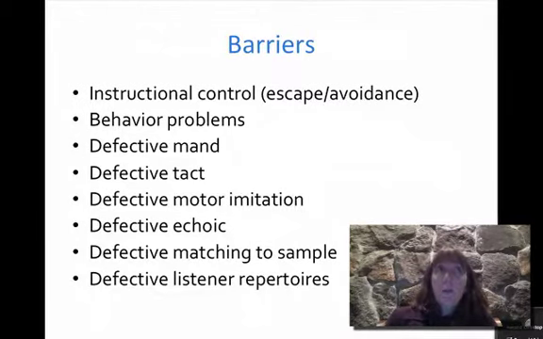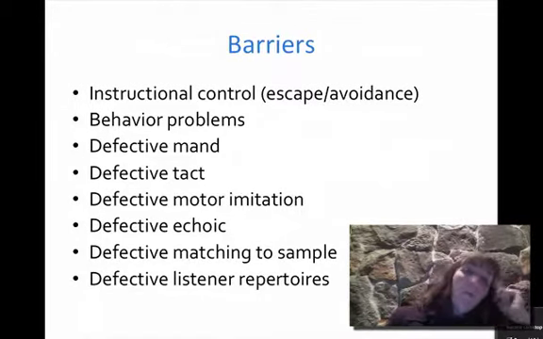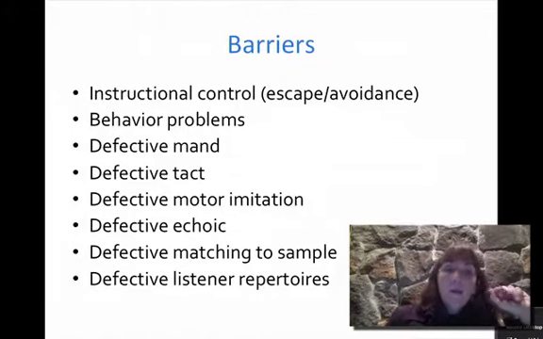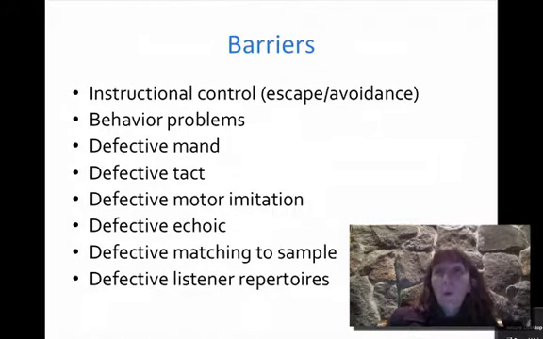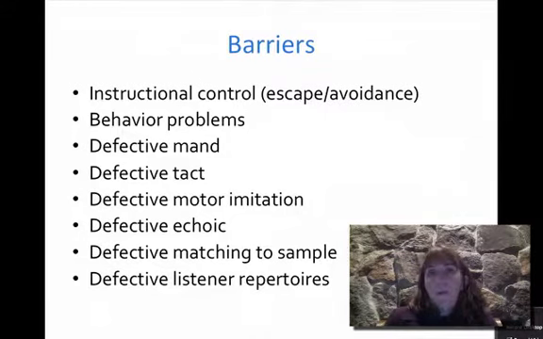Think about what we talked about with the importance of imitation and some of the progressions that we've looked at in that context. He talks about defective echoic repertoires. What are the implications of that? These are some of the things I want you to think about. So someone who's got a defective echoic repertoire, we aren't going to be able to do good prompting for verbal responses, etc. Defective matching to sample is going to have huge consequences for categorical skills and other cognitive skills.